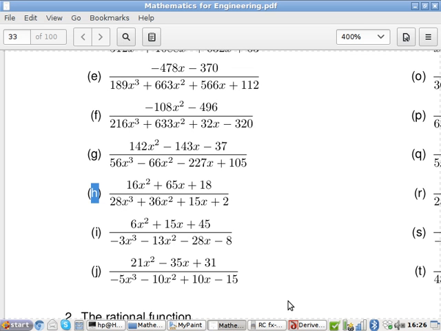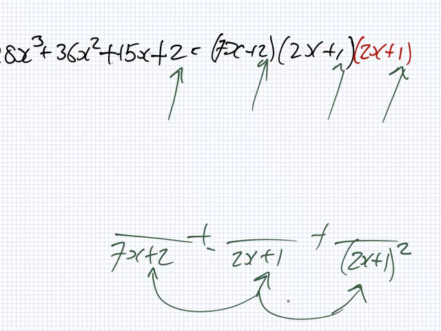And what did you choose when the root was repeated for the top? Because you have three terms, right? The first one was A over 7x plus 2?